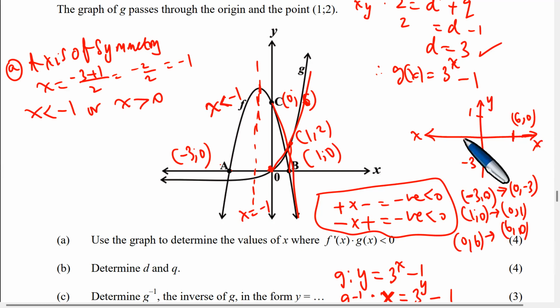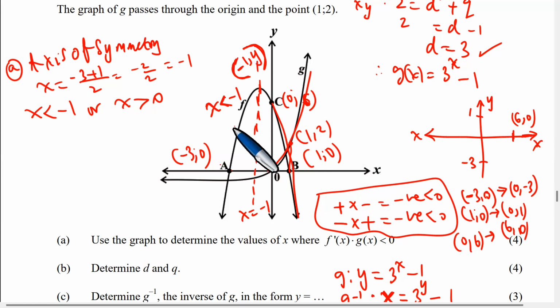And then the vertex is at x equal to minus 1 and y. So you switch them around.